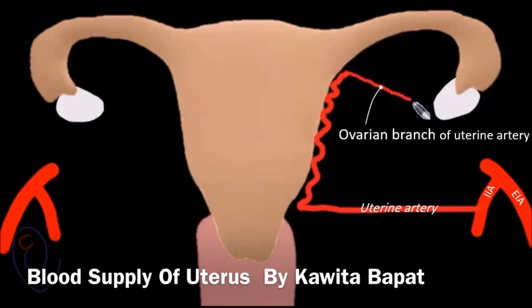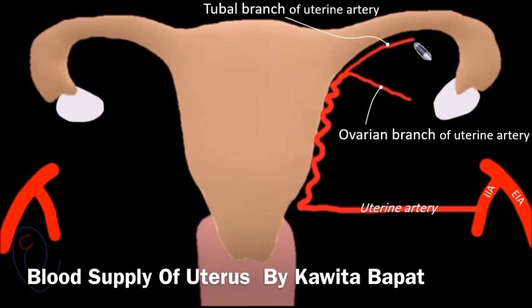The first is the ovarian branch, which runs towards the ovary. The upper branch is the tubal branch of the uterine artery, which goes into the mesosalpinx of the tube, and the third is the fundal branch, which goes into the uterus.